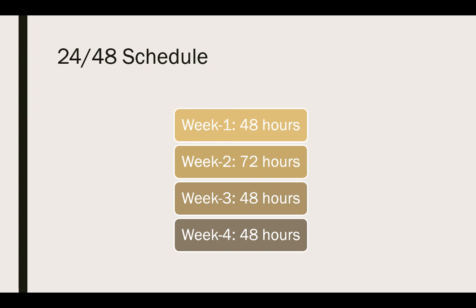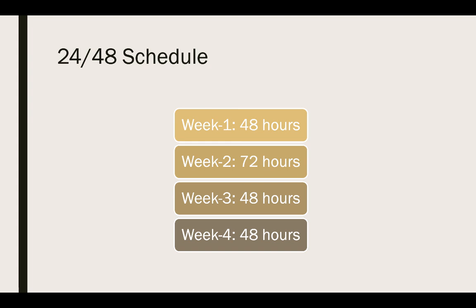There are lots of different designs for the 24-48, kind of come in different flavors, where sometimes you'll work a rotation and then have maybe 4 days off or 3 days off, little extra chunks of time here and there. So I just kind of picked a generic 24-48 schedule and went with it.